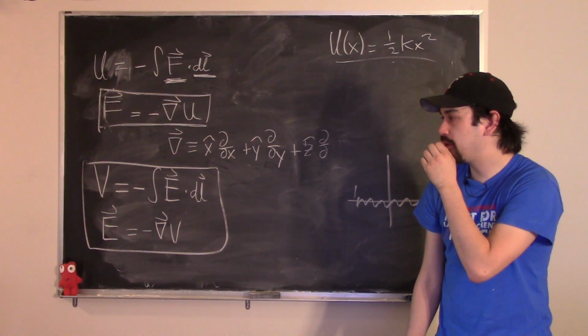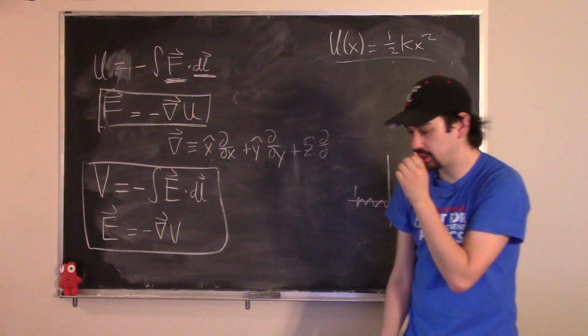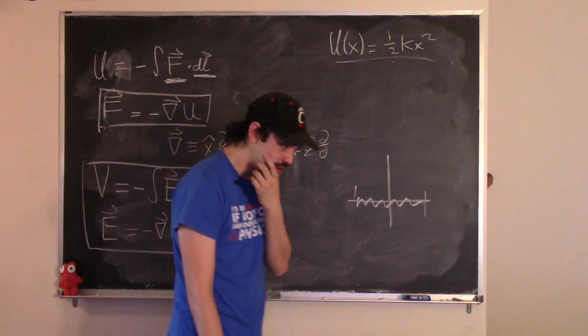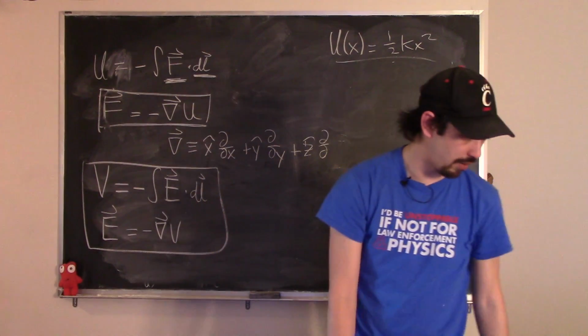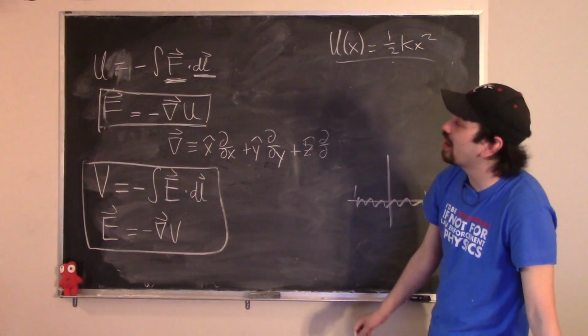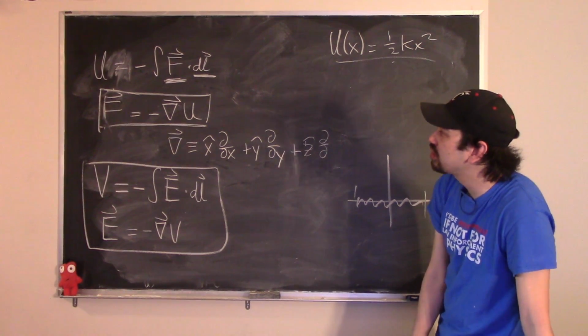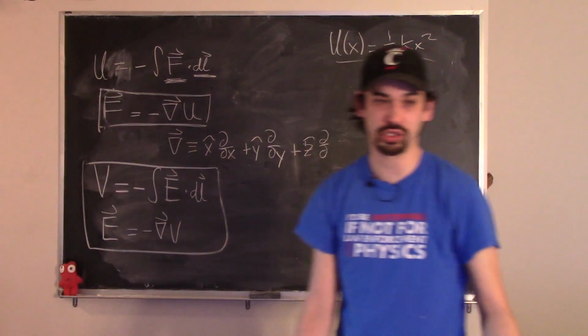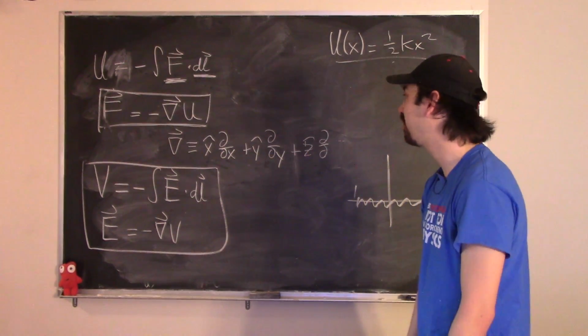I'm not quite sure how to answer that, because there is something else that I'm kind of sweeping under the table here a little bit. You can calculate these potential energy functions, but that doesn't actually guarantee that energy is conserved.